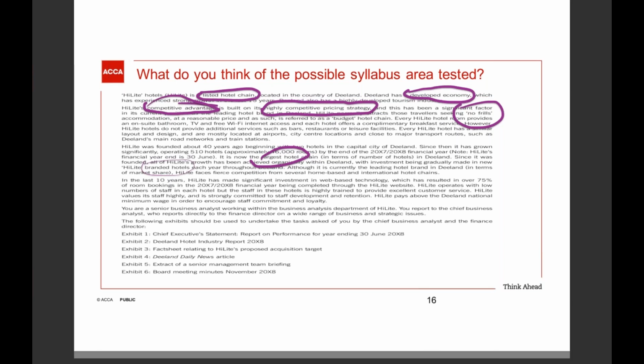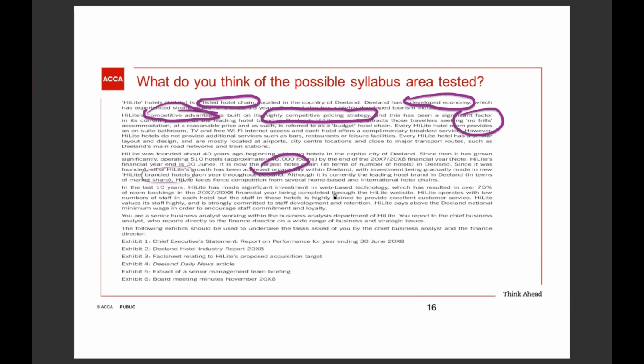They did make investment in web technology. Perhaps you may need to think of the technical knowledge in IT, the technology and data analytics just now. Perhaps any areas in those topics might help you. So this is some rough idea on the areas that are being tested.